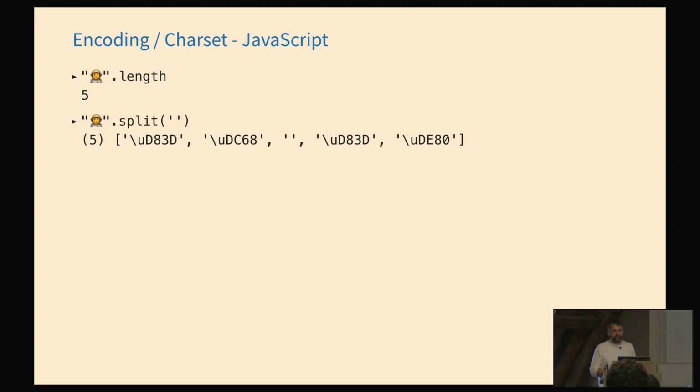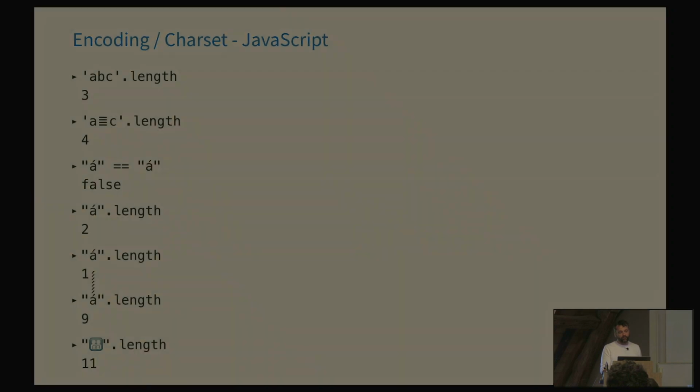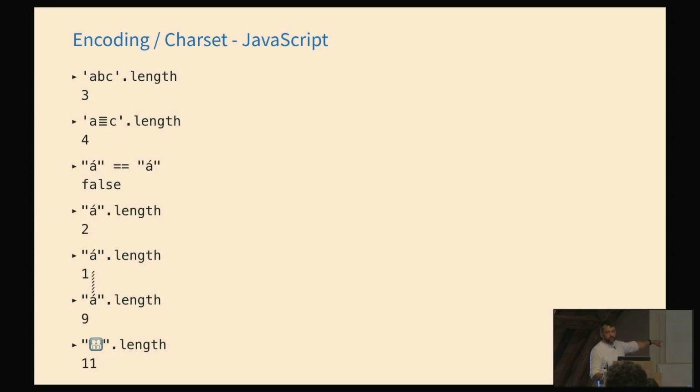So if instead of splitting on the empty string, we split on the combining character in the middle, we get this: a man and a rocket, which makes sense, a spaceman. It's a man and a rocket, and we combine them, we get Rocket Man, right? That's just how it works, and it's really funny how that turns out. And the same thing, if you did the same split with a family, you would get man, woman, child, or something like that.